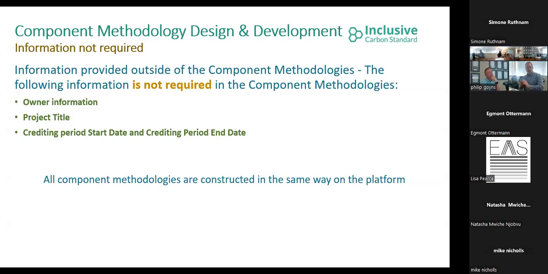So you don't need to define that in the component methodology. Would you include a space? You would include a space, yeah. So if you're creating a project description component methodology, one of your questions would be, what technology will your project use? Location. Yes.